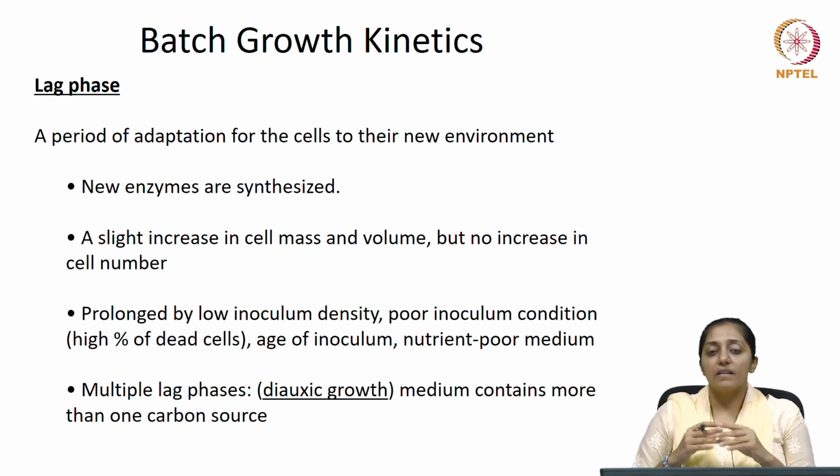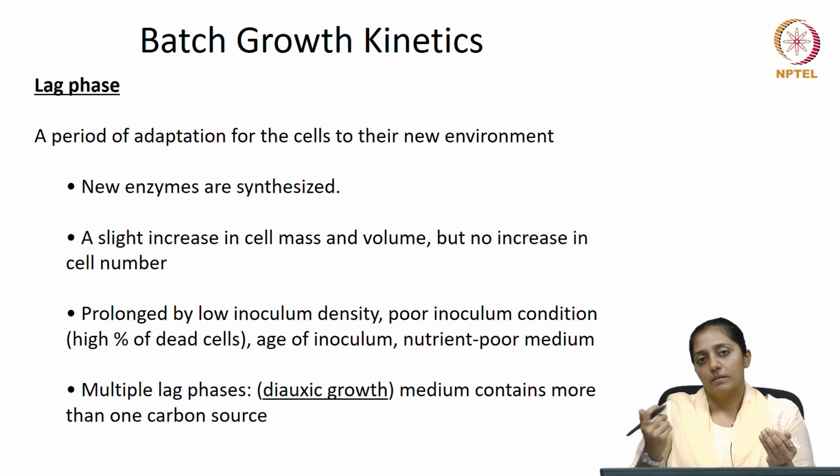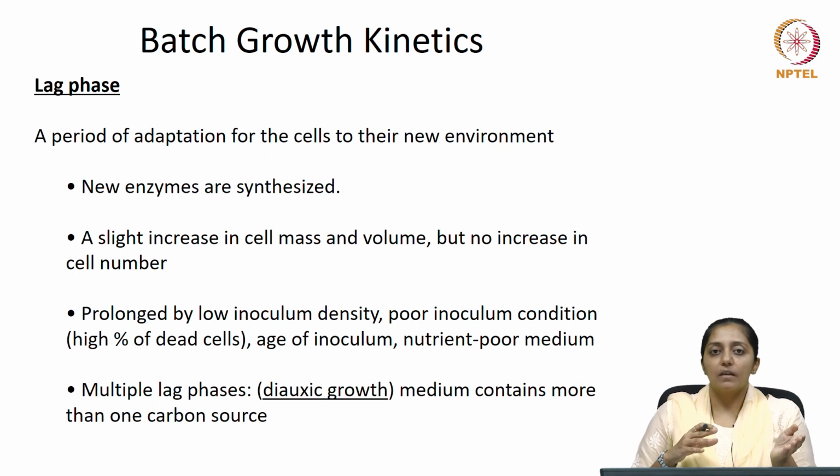Or if there is a large gap between the medium composition in which the inoculum is prepared and the production medium composition. I was talking about the starter culture. Generally the working cell bank is prepared in a nutrient rich atmosphere.